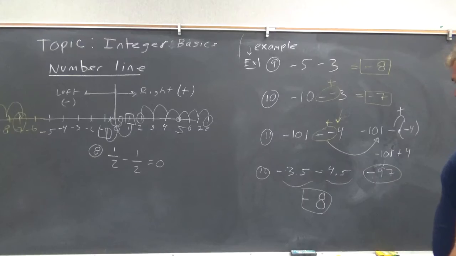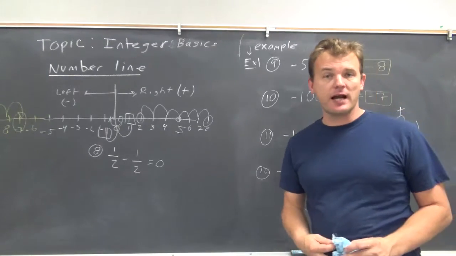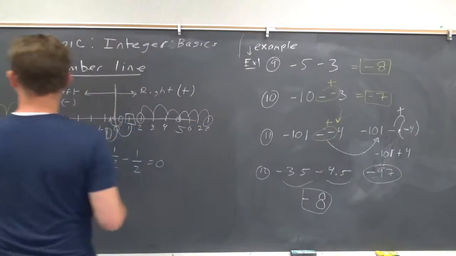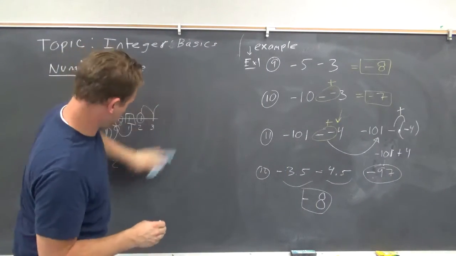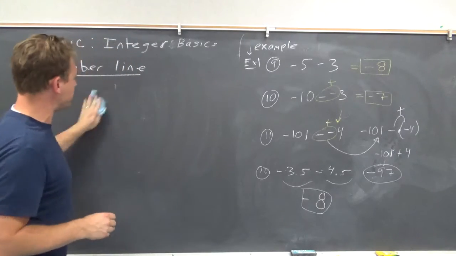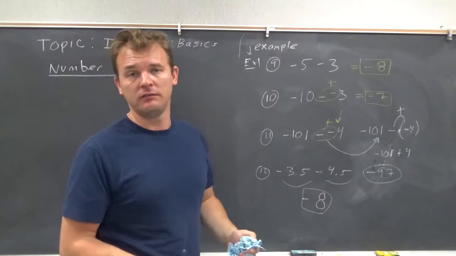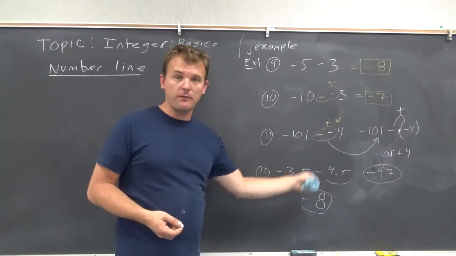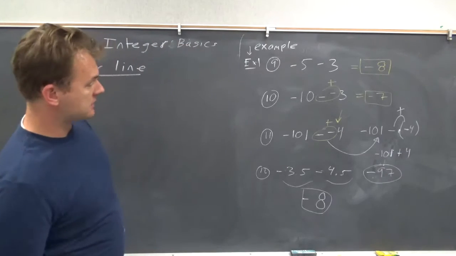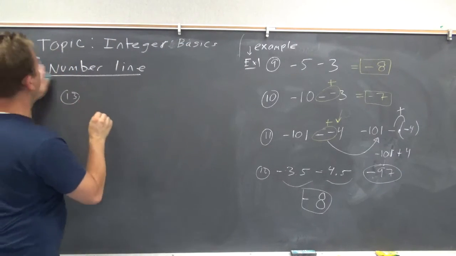Okay, let's do a couple more, and then I'm going to give you a lot of practice on this. So, this number line, I will have an attachment that you can have. You can also search online for number line use. I would practice that if you're having a difficult time with this. So let's do this. This is number 13.